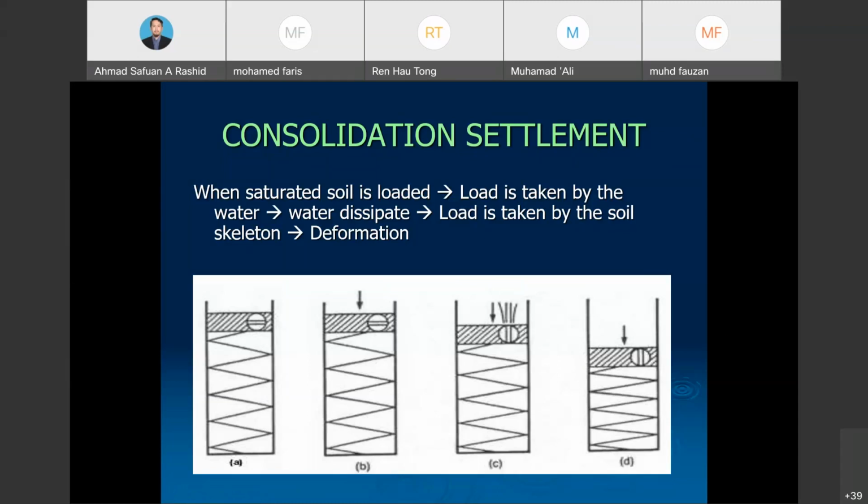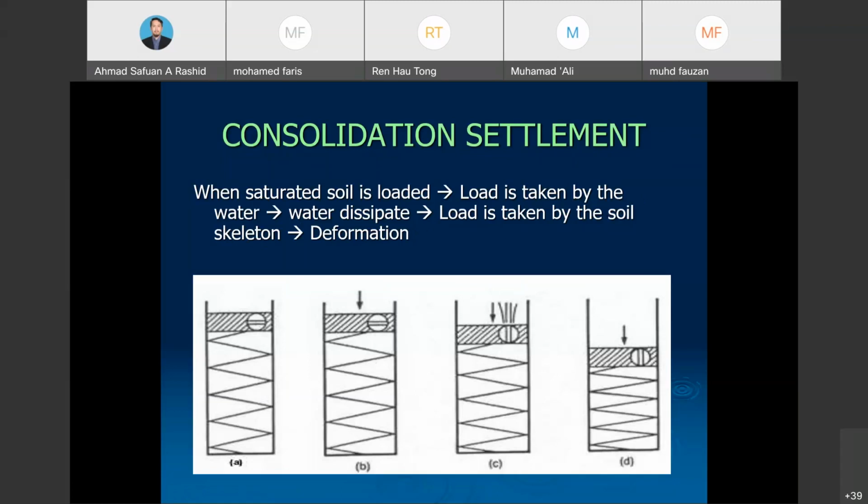So this is a simple analogy on the soil consolidation settlement. So we just imagine the same situation when saturated soil is loaded. So at first the load is taken by the water, and then the water starts to dissipate. So the load will then be taken by the soil skeleton.